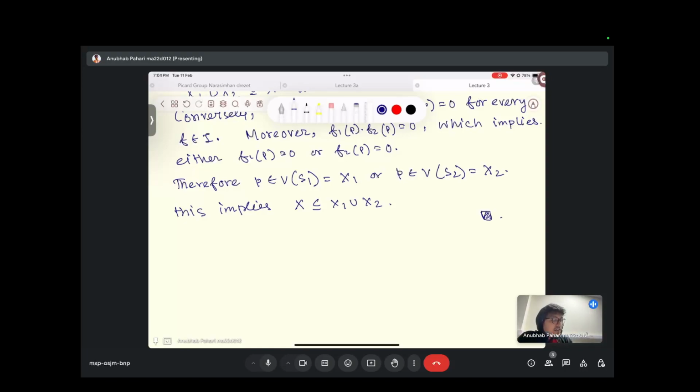So there is another theorem, but this is important. Let I be a radical ideal in k[x1, up to xn], and X equals V(I).